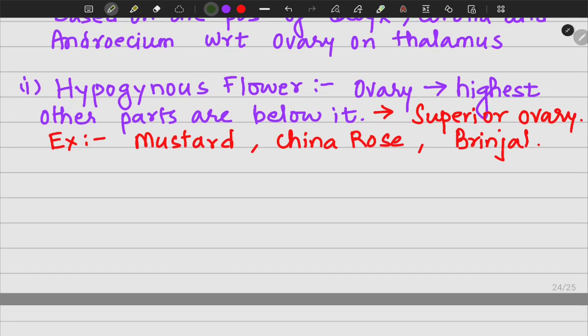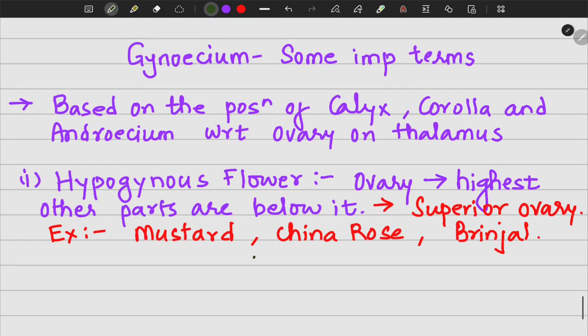So, as we just learned that the ovary will be, instead of ovary I should write gynoecium here. Gynoecium will be at the highest position, and the ovary in such a gynoecium is called superior ovary.